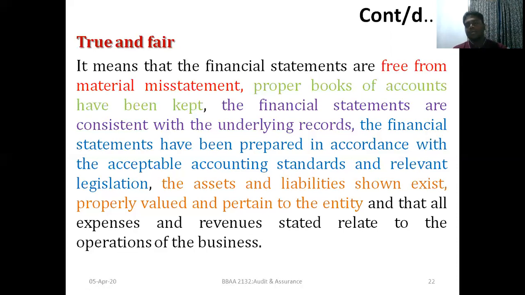So for example, take the Google company. Google Incorporation is a very popular company worldwide. Ernst and Young is the auditor of Google Incorporation. Suppose a 20,000 mistake happened in Google's financial statements for last year.